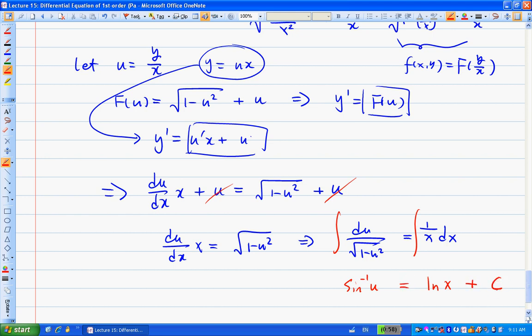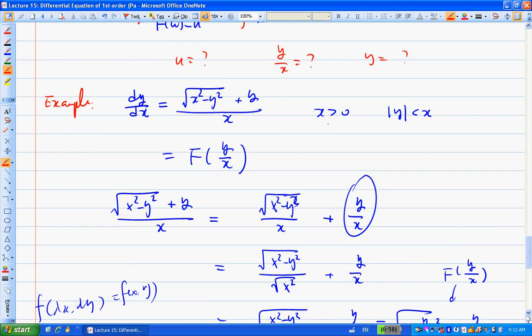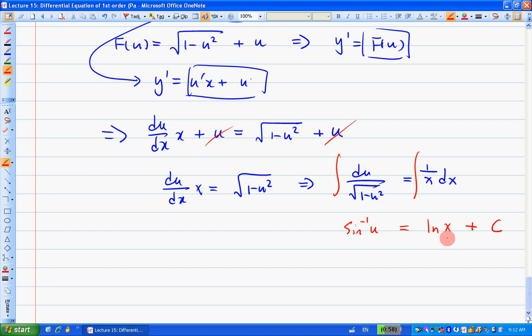And I need to add a constant on either the left side or the right side, doesn't matter. I don't have the absolute sign here because my original question says x greater than 0. So that's basically pretty much the solution here, but we don't need the solution for u, we need the solution for y.